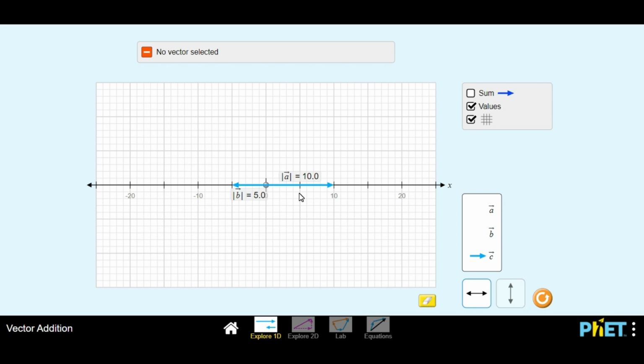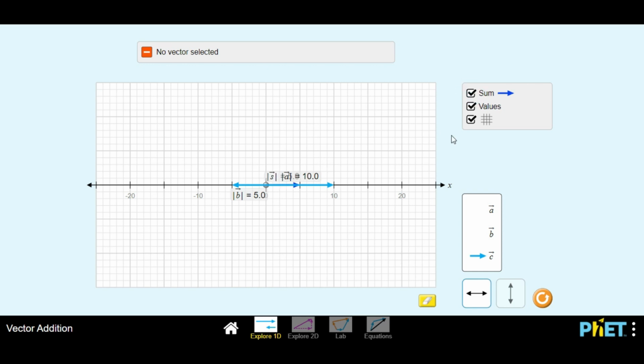For this one, it's very simple because it's pulled to the right 10 Newton and 5 Newton to the left. The resultant will be 5 Newton to the right. We can simply subtract the lower one from the higher one, 10 minus 5 is 5. We can show the resultant by ticking this one, sum.